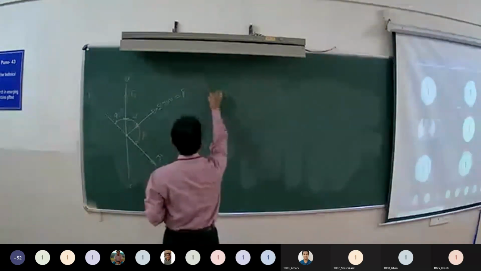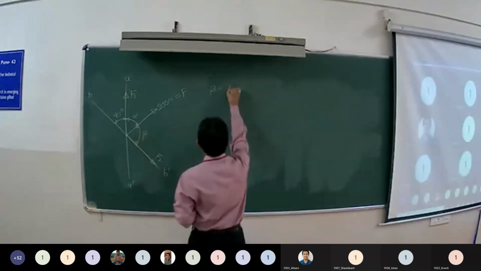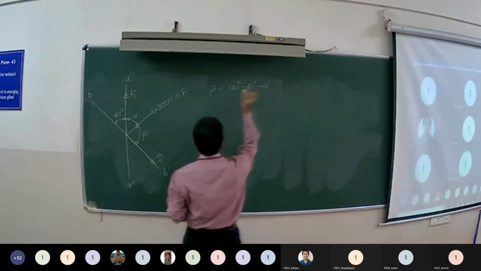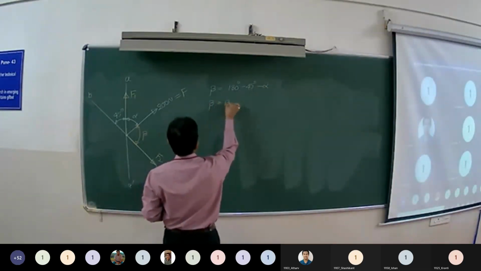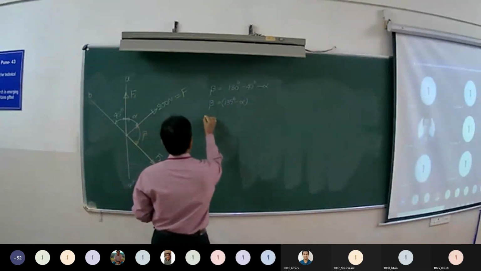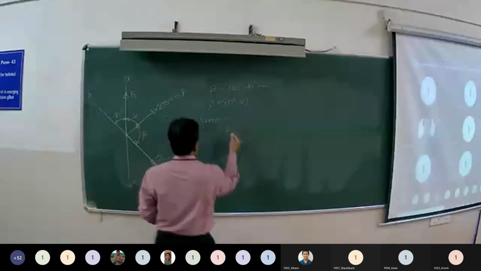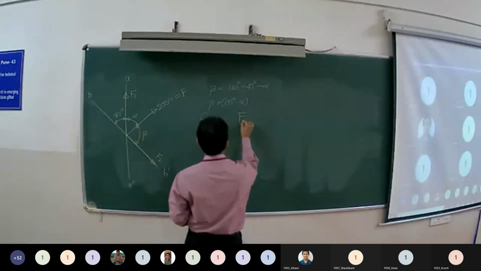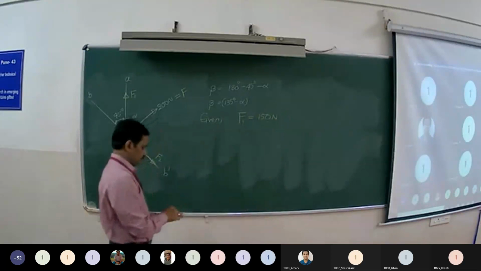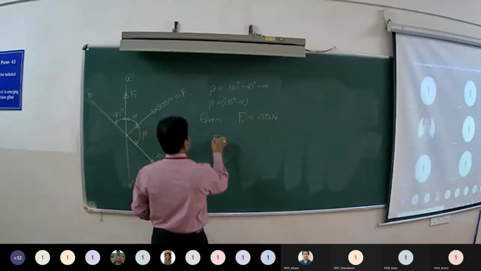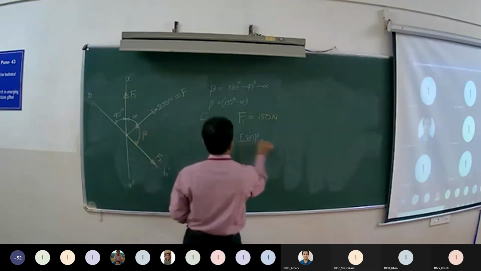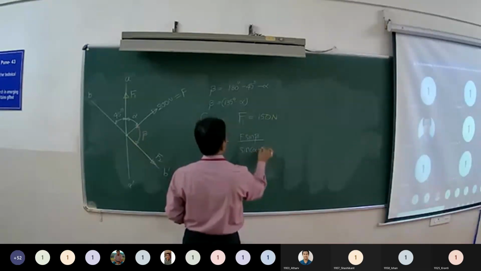So from the figure, beta is equal to 180 minus 45 minus alpha. So it is 135 minus alpha. Given that the component along A dash, meaning F1, is equal to 150 Newton. We know that F1 is equal to F sin beta upon sin alpha plus beta.